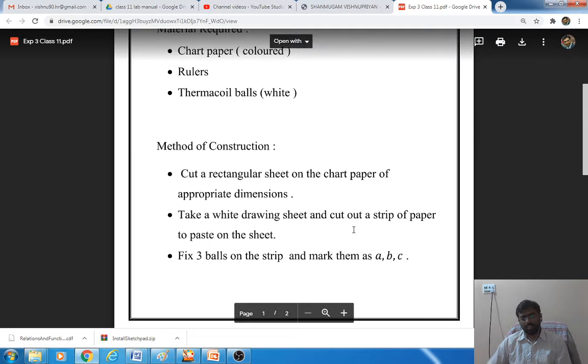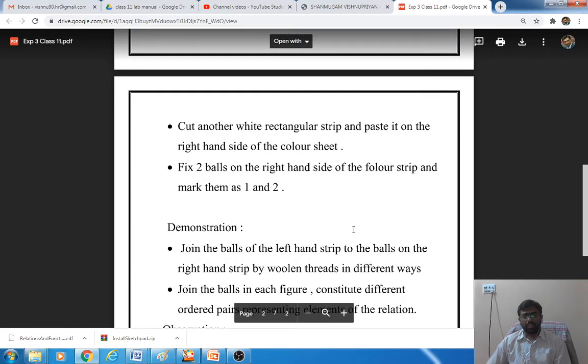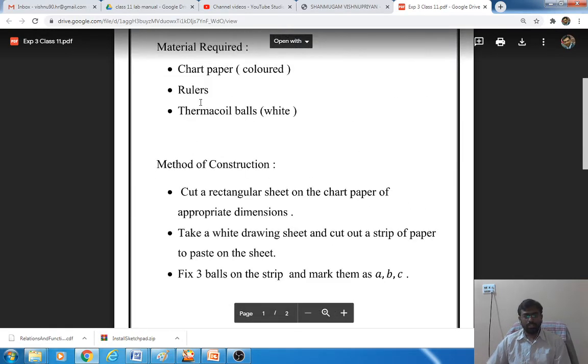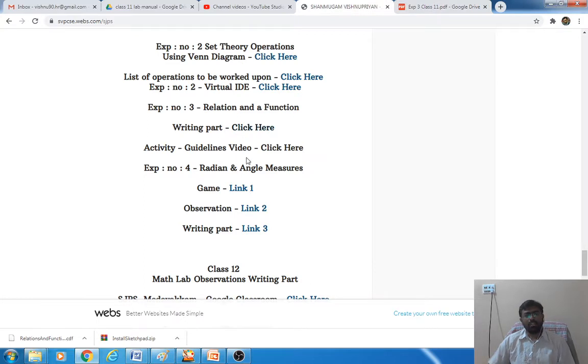Use this as a reference one, and instead of the balls with the chart paper etc., we have replaced it with a different thing. So we will be having the step-by-step procedure for the observation. And the activity guidelines link video, this video will be given as a link here. If you click here, you will be taken to the video.